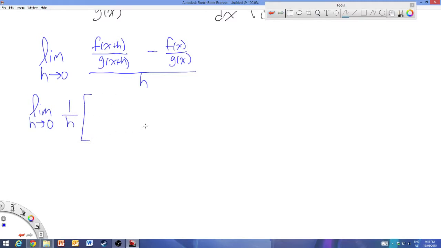And then inside, this leaves me with f of x plus h divided by g of x plus h. I am going to leave a bunch of space, because we're going to be doing a lot of things to this, minus f of x divided by g of x.